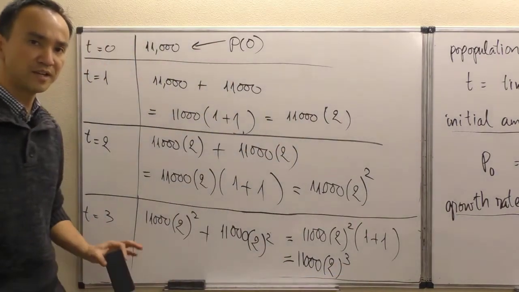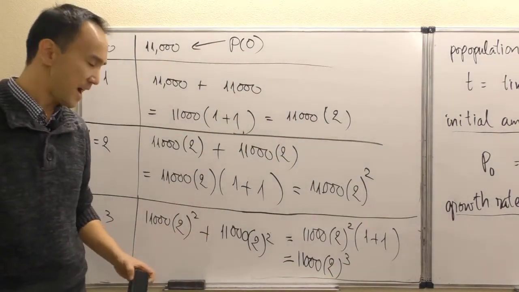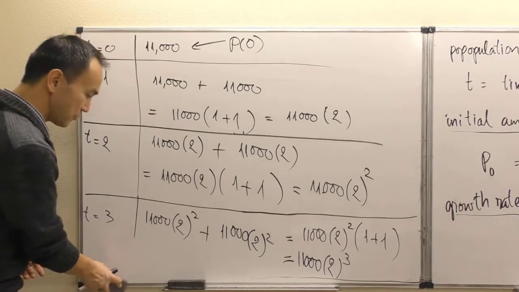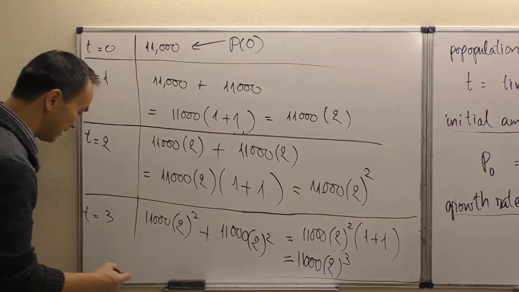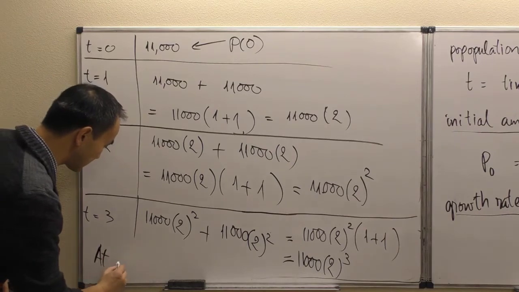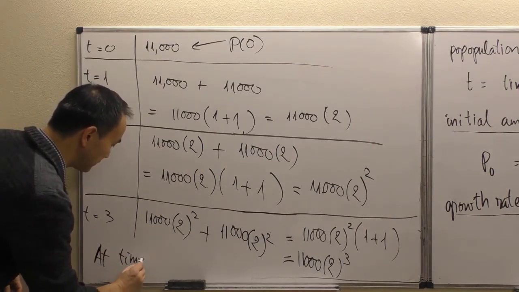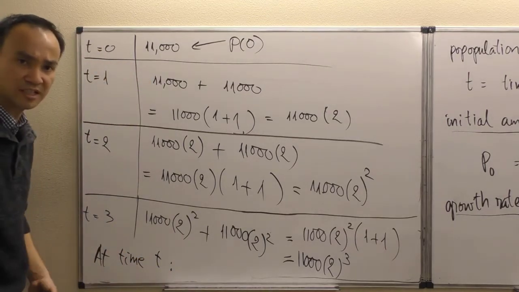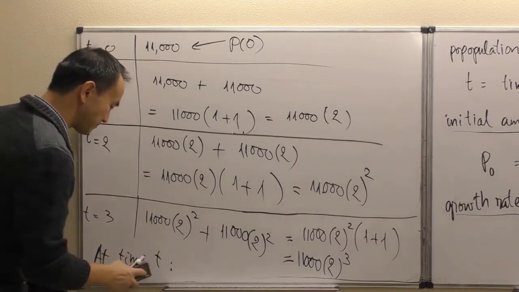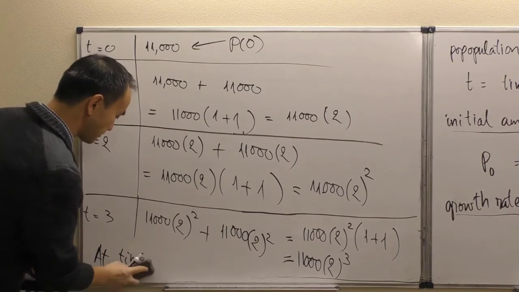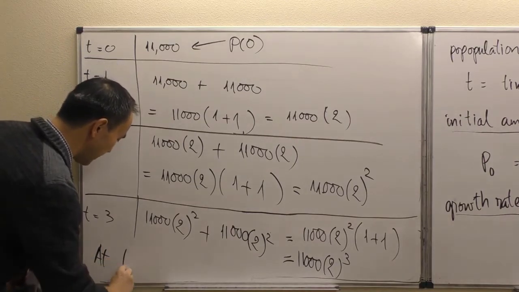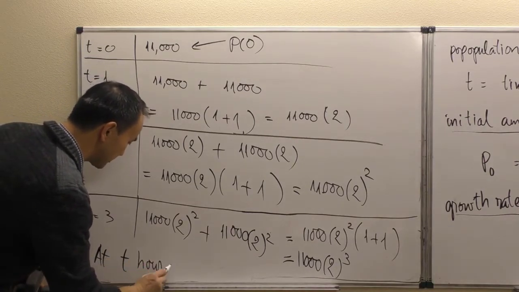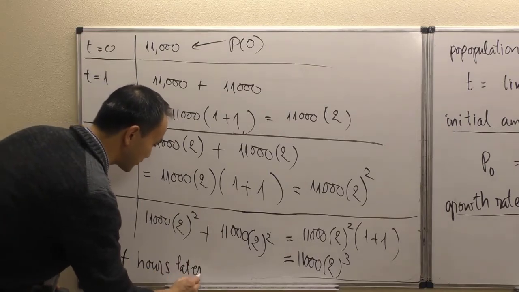All right, and so now again we see enough repetitive pattern to see, wait a minute, if we are at some time t, some t hours later, I mean after the initial time.